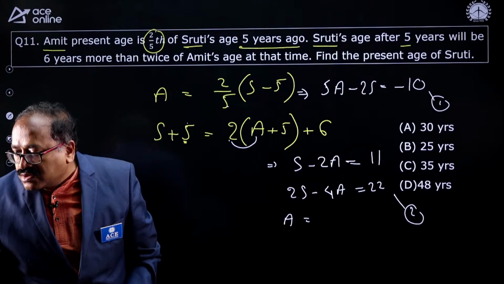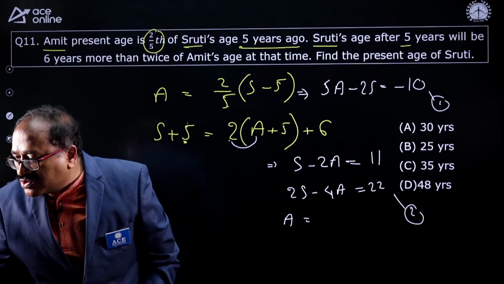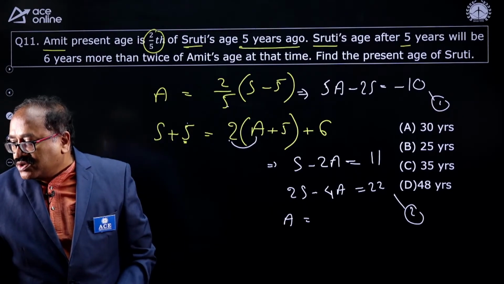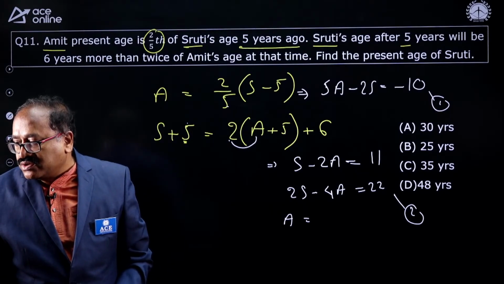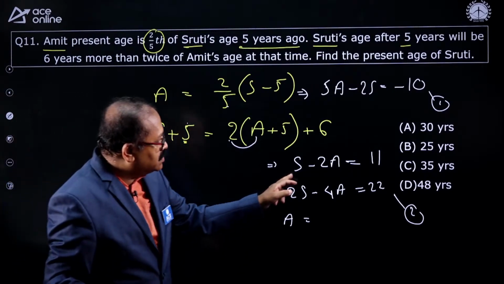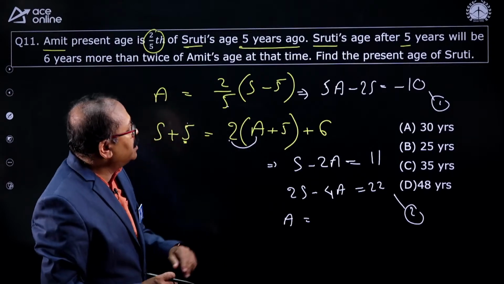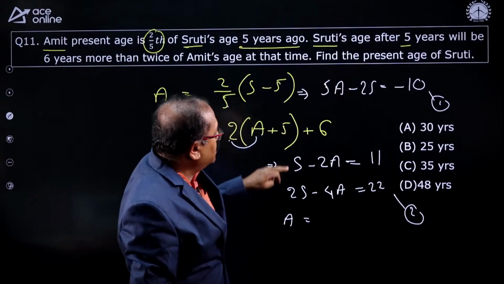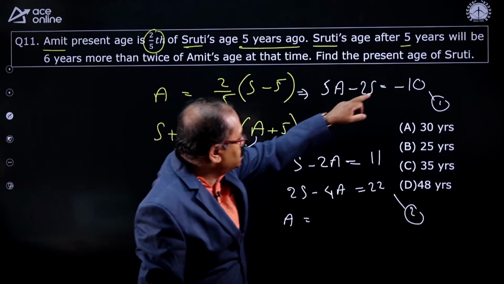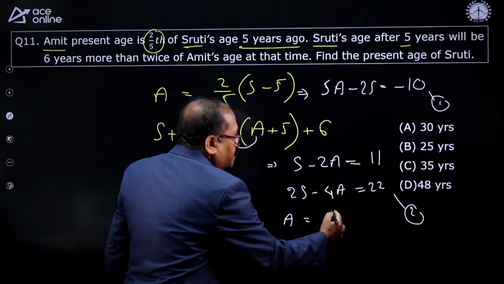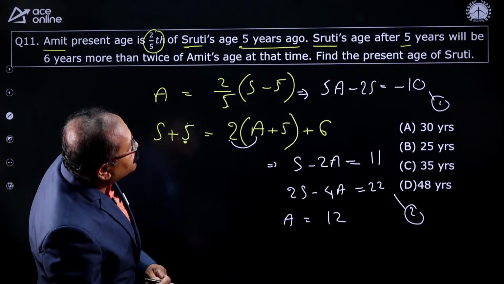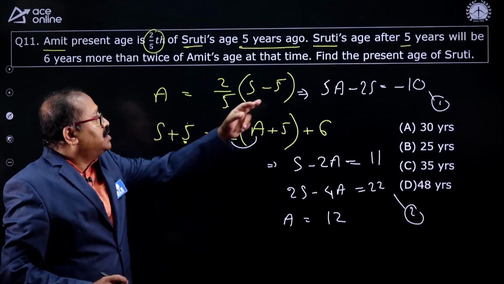What is the answer? Yes, that's right. If you solve this, then this is 2S minus 4A. When you add, this gets cancelled, and here you get A. So it is 12. A is equal to 12. What is the question? Find the present age of S.